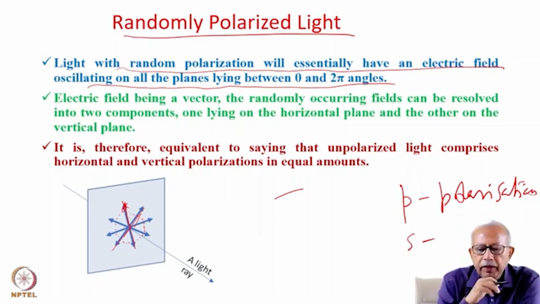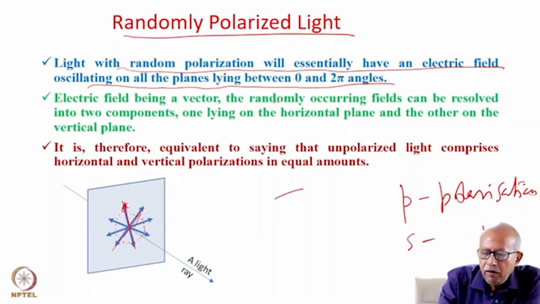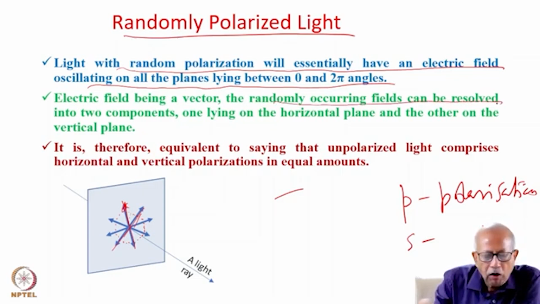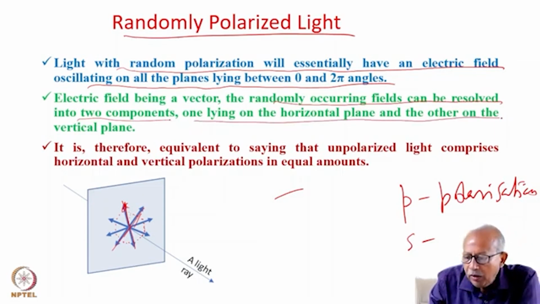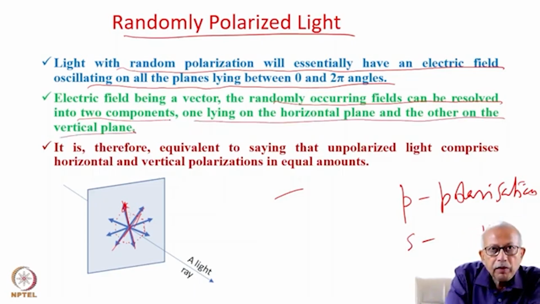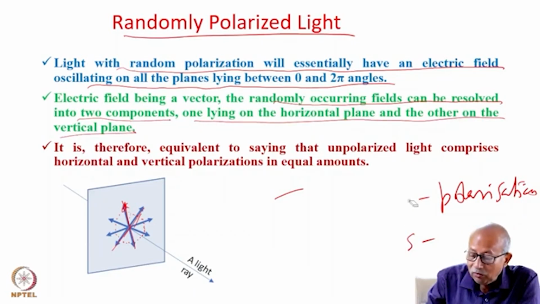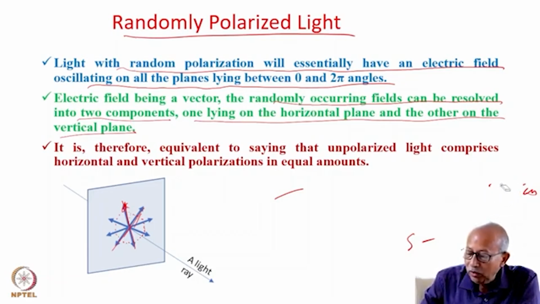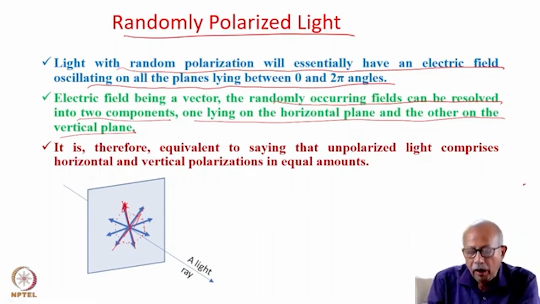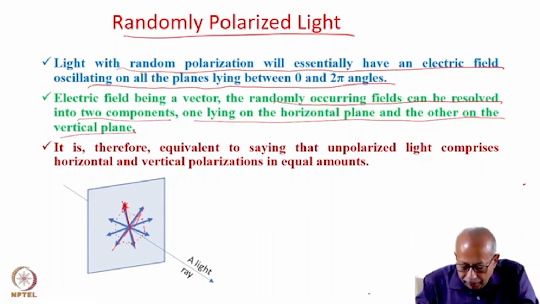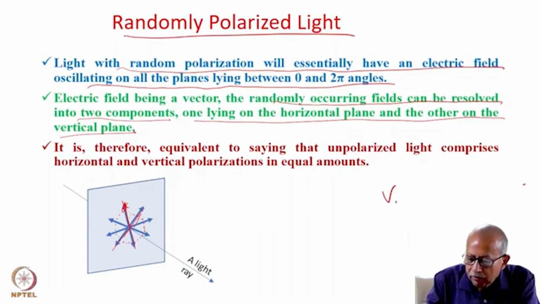Now, the electric field being a vector, the randomly occurring fields can be resolved into two components, one lying on the horizontal plane, the other on the vertical plane. So basically what we are trying to do is resolve the random polarization into two polarizations, vertical and horizontal.